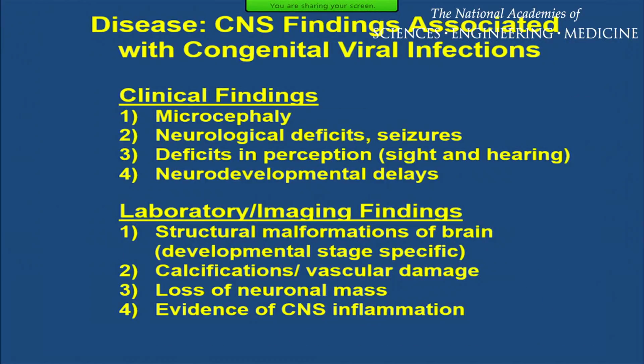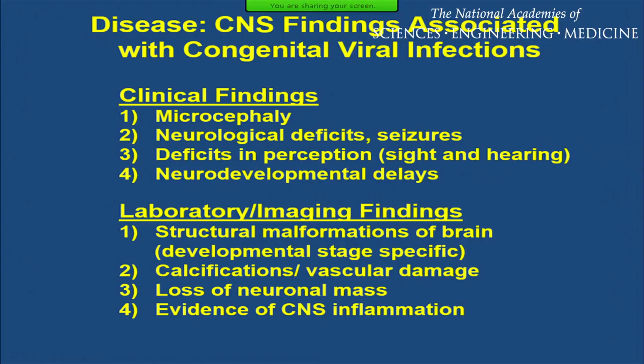Next slide, please. So what are the diseases we see once the infection occurs in the fetus? I'll focus only on the central nervous system because there are clearly other organ systems involved. Most of these are self-limited and rarely have long-term consequences, with the possible exception of the cardiac defects in rubella. So the clinical findings we see are microcephaly, neurologic deficits such as seizures, and deficits in perception such as sight and hearing, and this is very important.